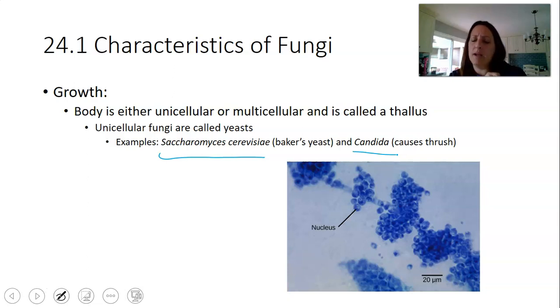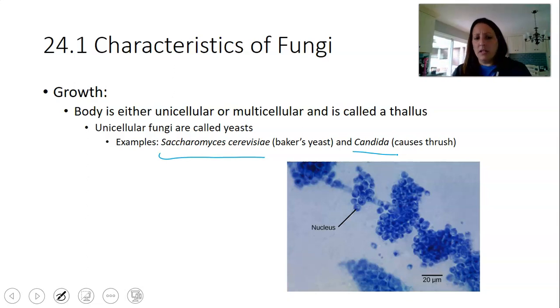Usually people who end up with thrush have some type of a compromised immune system, or they've somehow thrown their normal flora off. Maybe they're on an antibiotic that's killed off good bacteria, and therefore organisms like Candida come in and they kind of take over. Thrush is not dangerous, but it's pretty nasty.